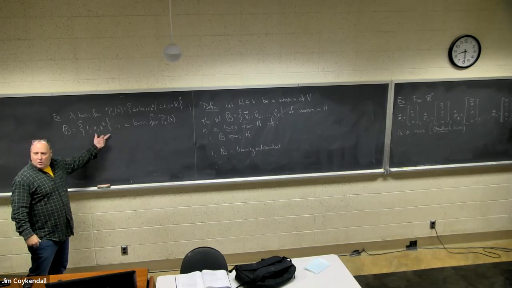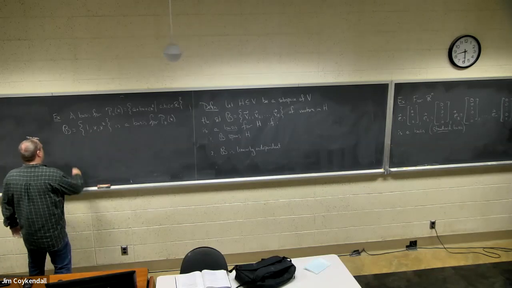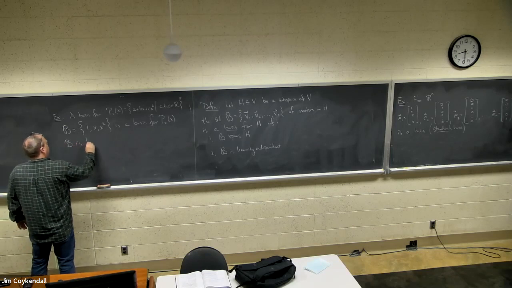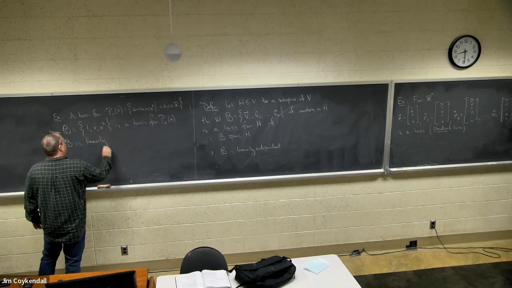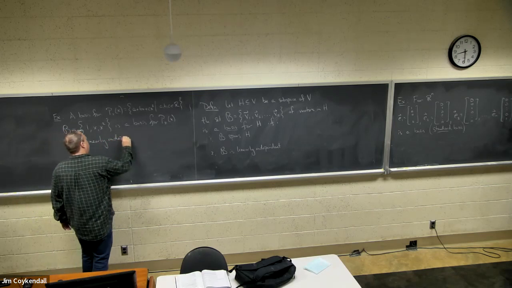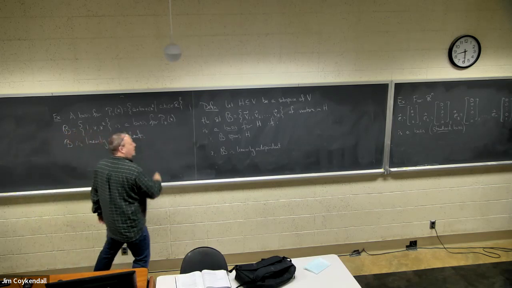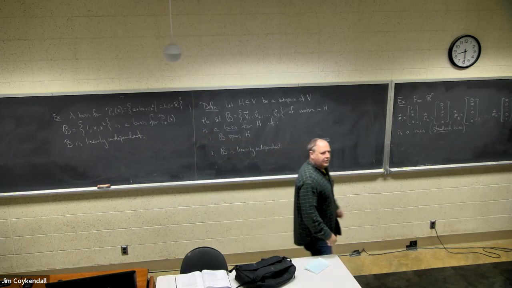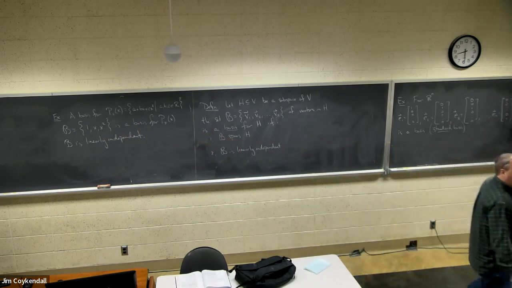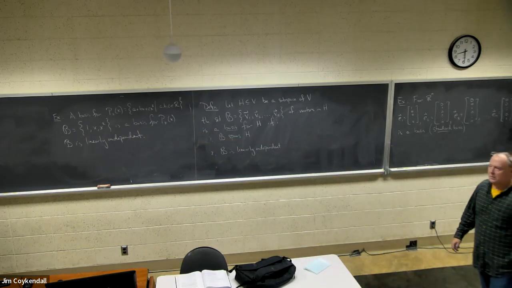We already know, you've shown earlier in class, that this is linearly independent. Actually, we've shown the hard part, that it's linearly independent. Can somebody explain why it spans?